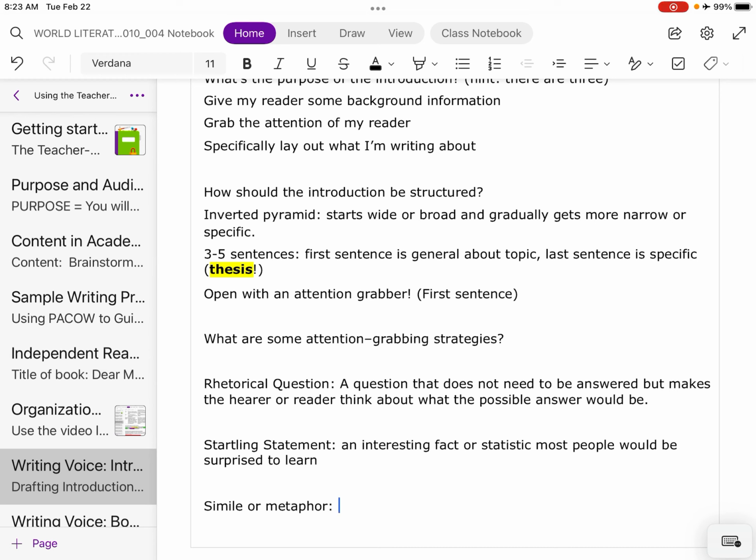Okay, so for example, if I were talking about the technology prompt, and I was talking about how students use their devices, I might compare their devices to a set of lungs.